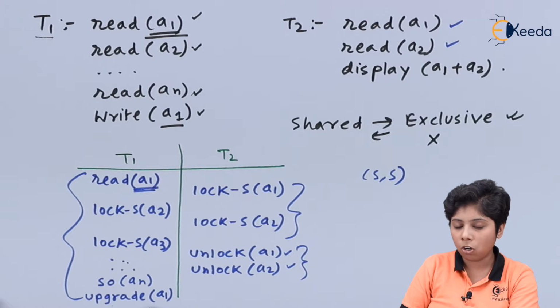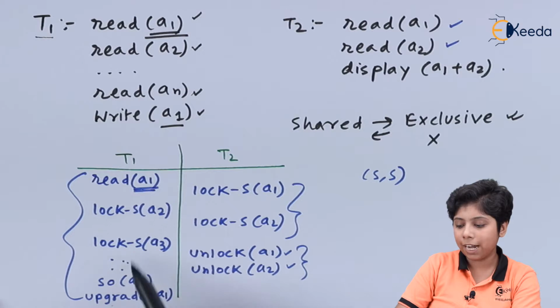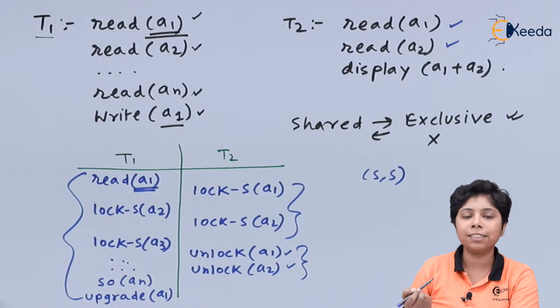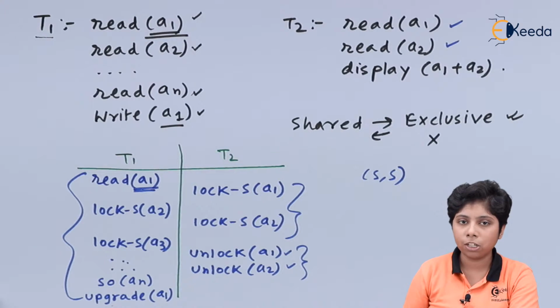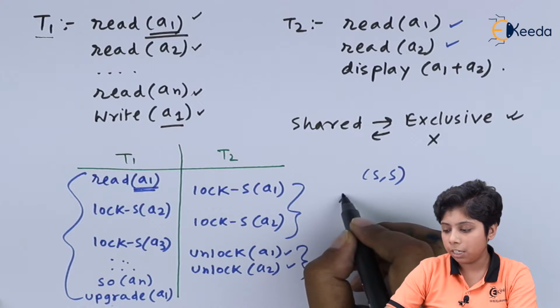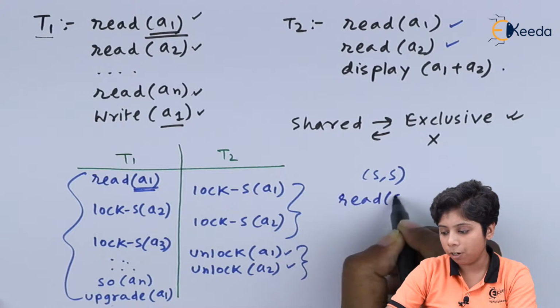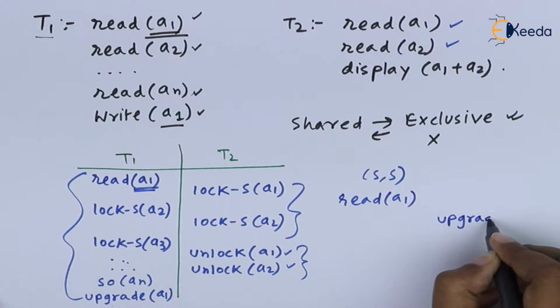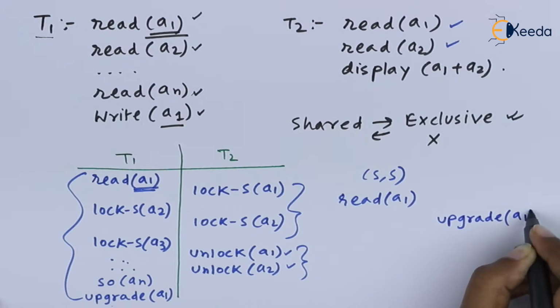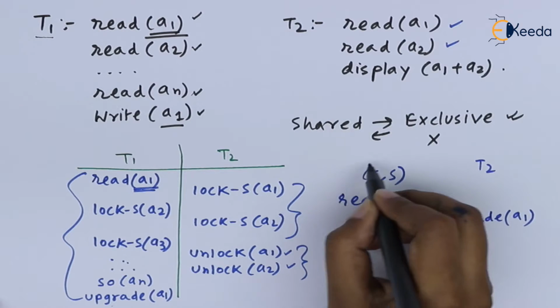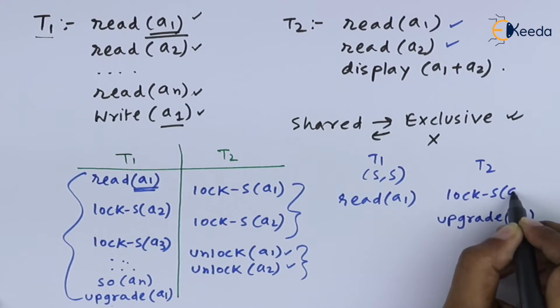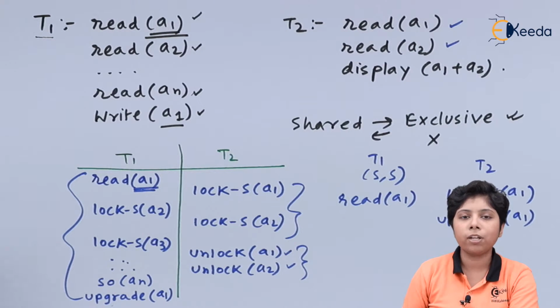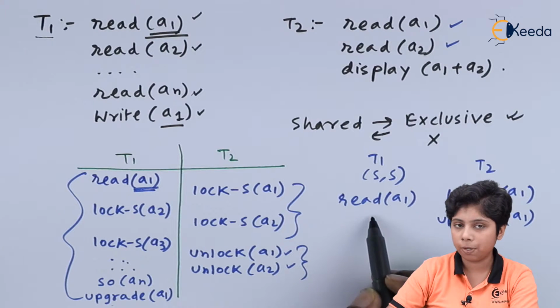See, the upgrading can only occur if the data item is required by the same transaction. So it cannot happen that read A1 is already there and now I want to upgrade it from another transaction T2. We need to unlock everyone before, or the other transaction has to be finished.